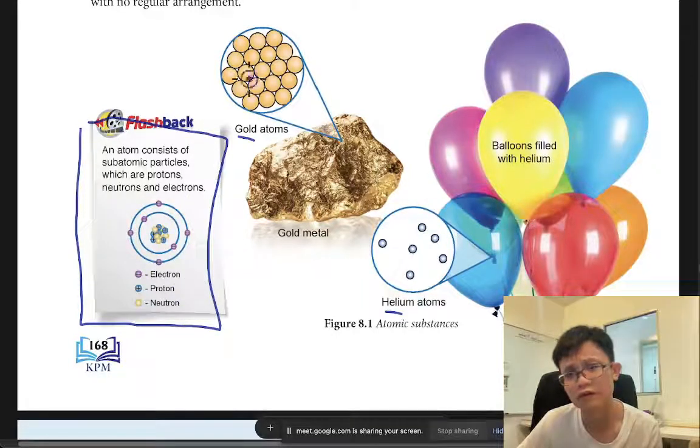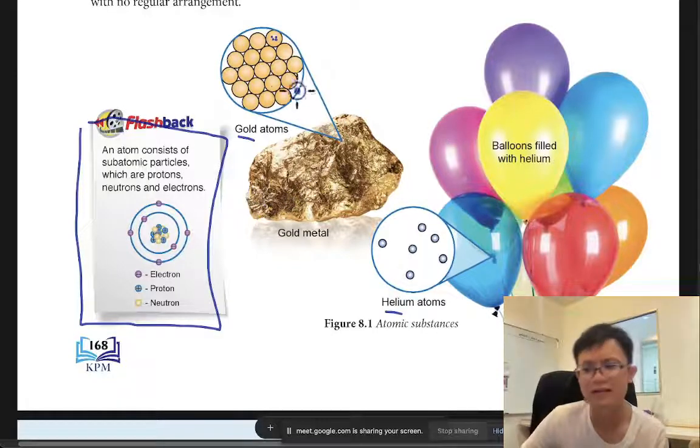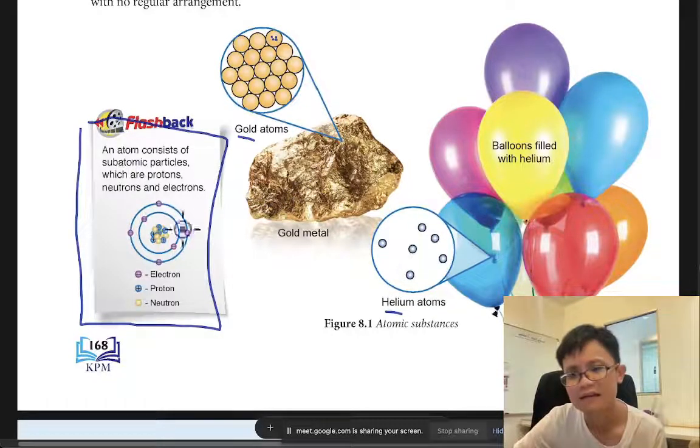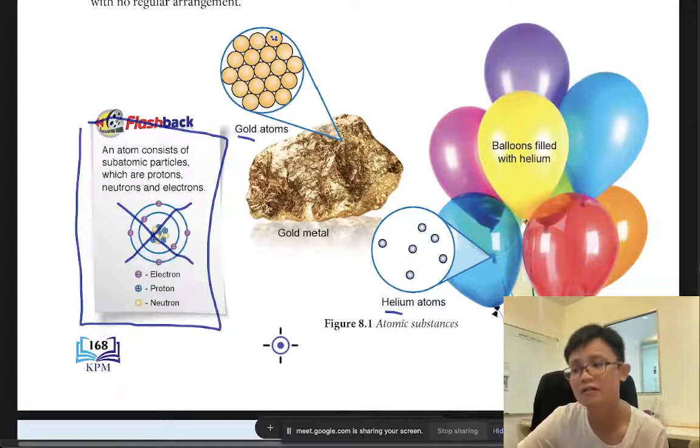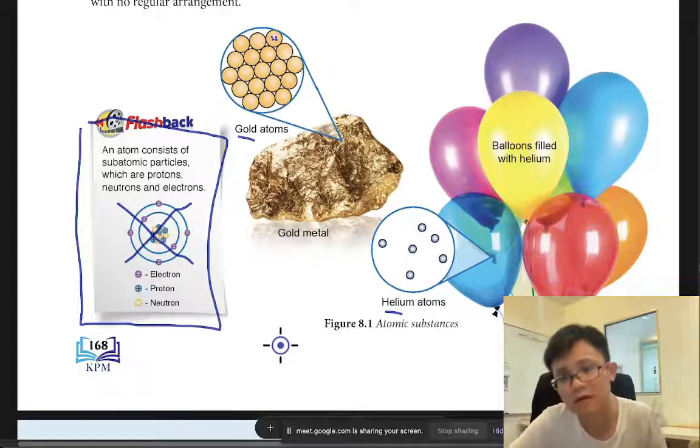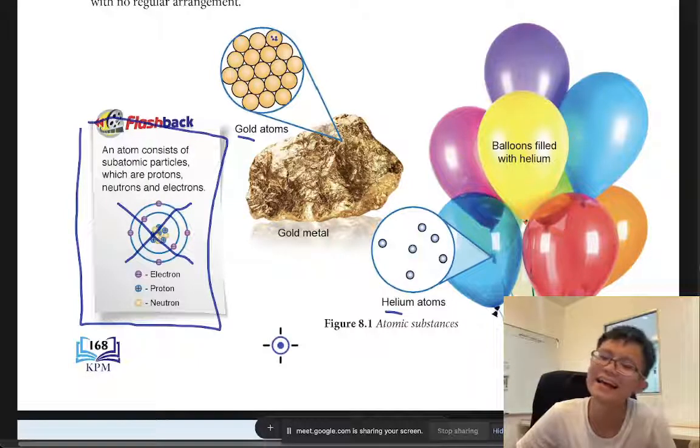Maybe you feel confused. Why didn't they draw it like a dot here? They didn't draw it that way, actually, because first it is so small, how to draw. Secondly, this is not the real model. You can Google and find the real model, but they still draw this so that you can understand. They cannot draw the real model because you cannot see it.